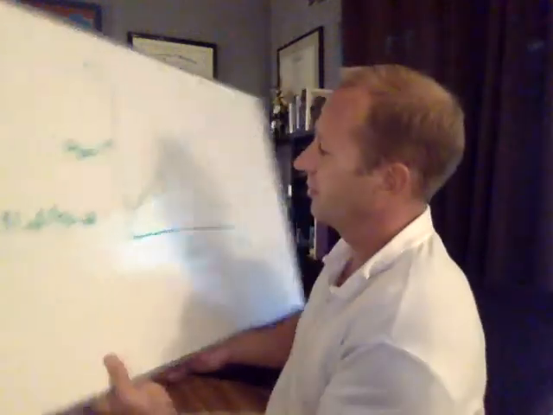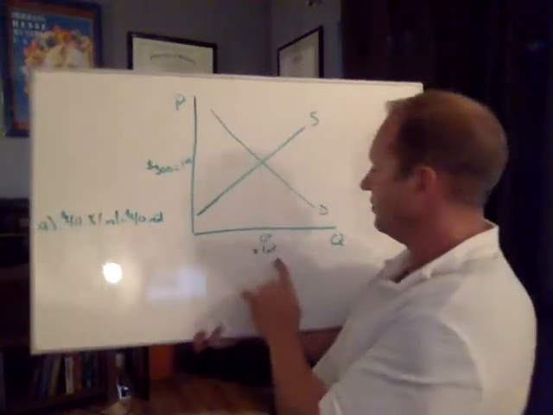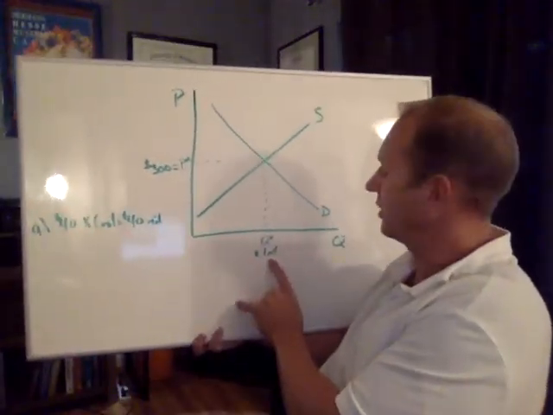So for letter A, if the government is going to spend $40 each, and there's going to be 1 million purchased, that's $40 million. That's pretty easy arithmetic. Let me show you what I'm doing here on this whiteboard. What I've done is set up the market. Equilibrium quantity is 1 million.